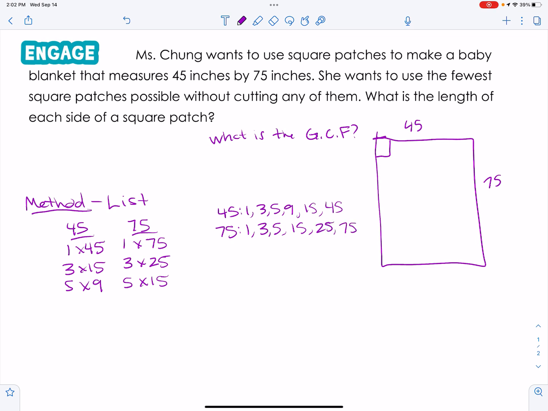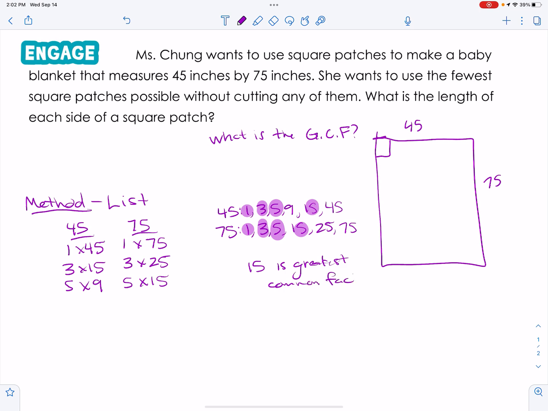So to find our greatest common factor, we are just going to look and see our common factors. We have 3, 5, 15, and 1 as well, but that's going to be obviously the smallest. So based on this list, 15 is the greatest common factor.